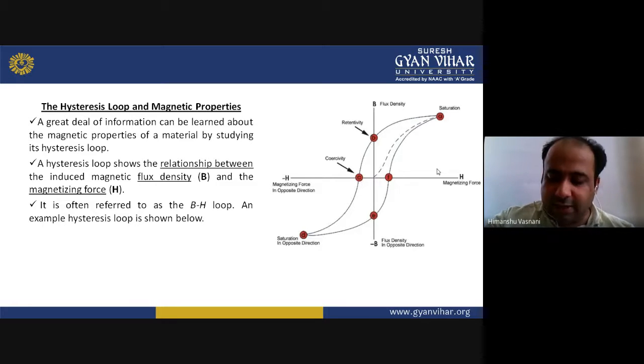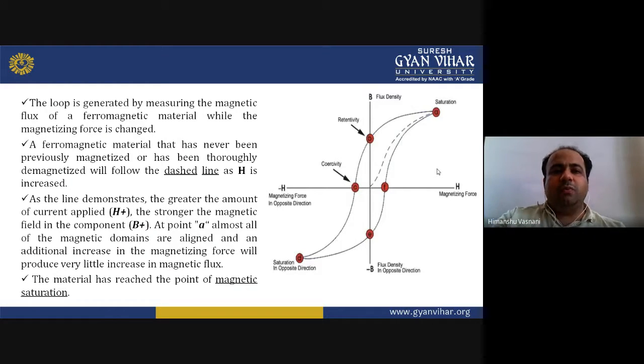Now they are saying that the loop is generated by measuring the magnetic flux of a ferromagnetic material while the magnetizing force is changed. A ferromagnetic material that has never been previously magnetized or has been thoroughly demagnetized will follow the dashed line as H is increased.